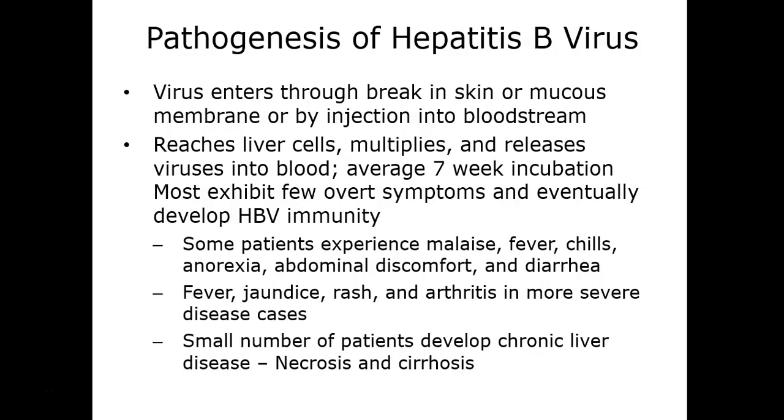During this time, patients are going to experience things like malaise, fever, chills, anorexia, abdominal discomfort, and diarrhea. And in more severe cases, you're going to see things like jaundice, rash, and arthritis. And there's a very small number of patients that will then develop the chronic liver disease with the necrosis of the hepatocytes and also the cirrhosis, or liver damage.